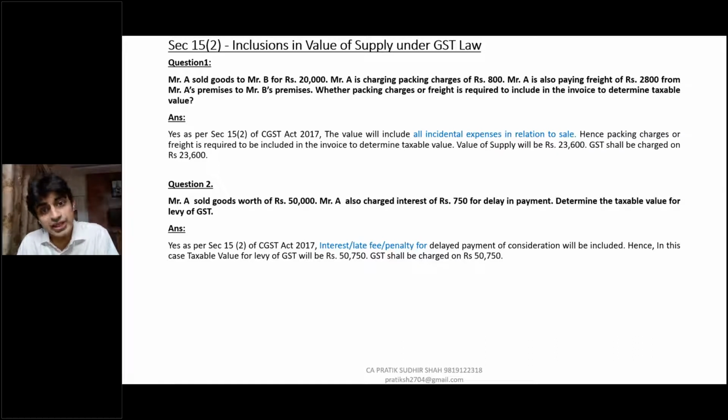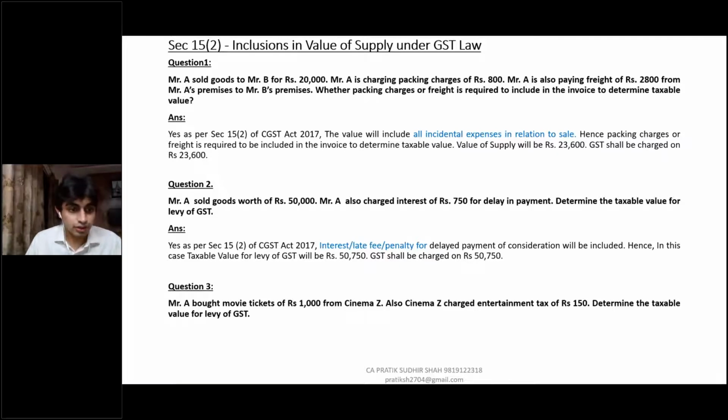I received the money because I sold goods, and I got interest because I sold goods. That's why this interest or late fee shall also be included in the value of supply. GST shall be charged on 50,750 rupees, on the whole amount. And which rate? Whatever the goods rate is, the same rate will apply on the 750 as well.